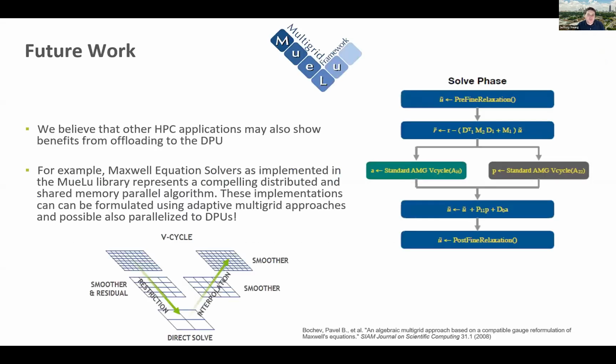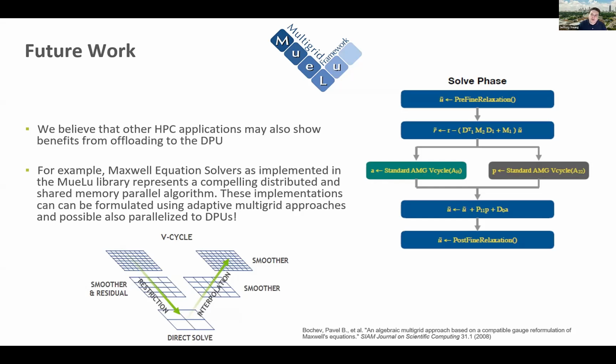Okay, so where do we go from here? This is an idea where we took an algorithm and restructured it explicitly for the Bluefield. We believe that there are other HPC applications that may map well to this. One of the things we're looking at right now, that we don't have a ton of data to show, but that our student Sarah is working on, is implementing Maxwell equation solvers as typified by a framework like Moodle, and using that as the basis for trying to find additional things that we can parallelize using the DPU.